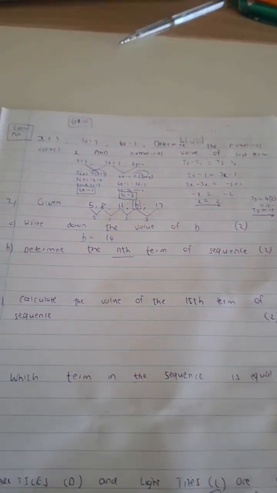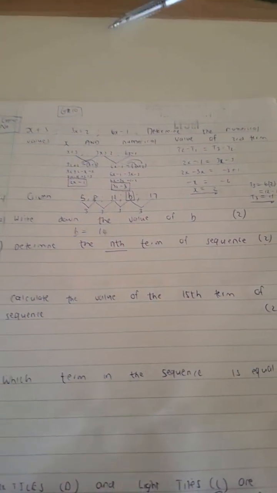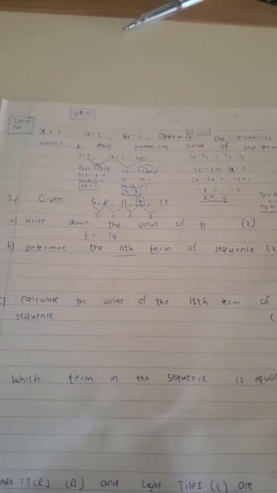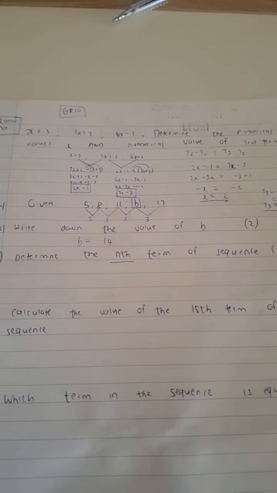Okay, so I'm going to allow you guys to calculate the nth term, and then you can tell me in the comment section what you get. The nth term of the sequence.